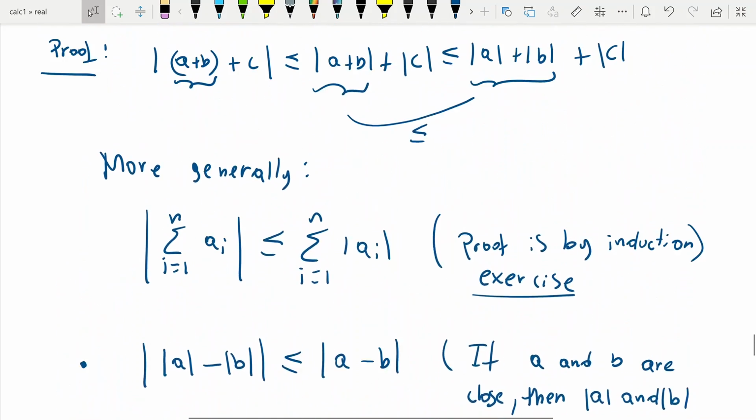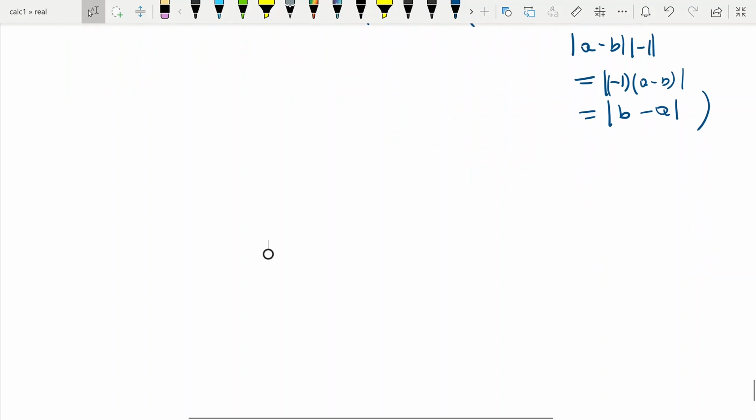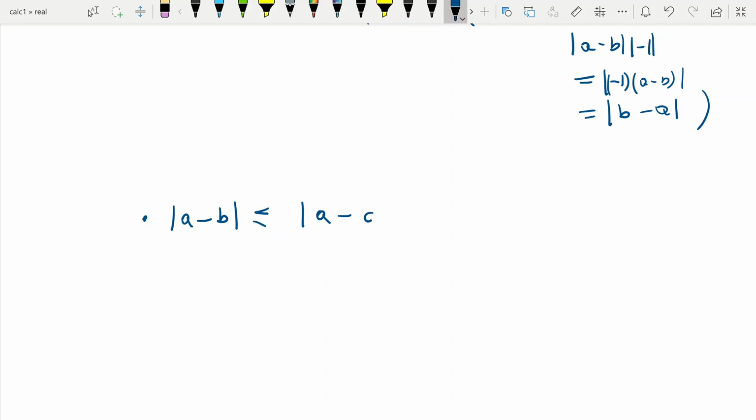We have the property we didn't number. The thing is that the absolute value of A minus B is less than or equal to the absolute value of A minus C plus the absolute value of C minus B.